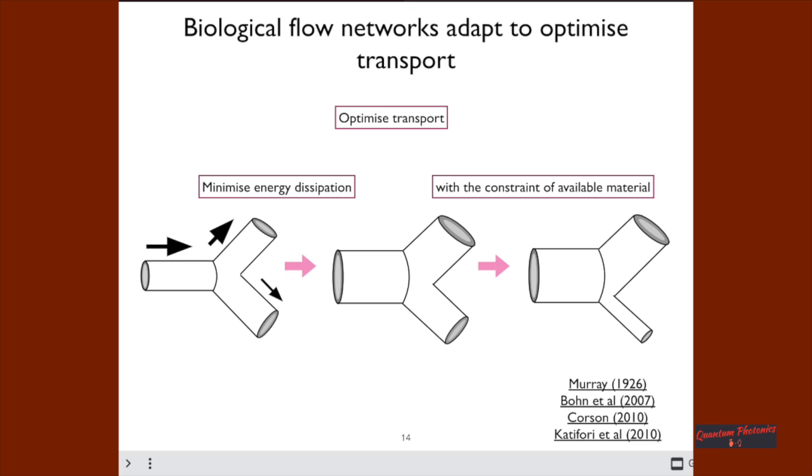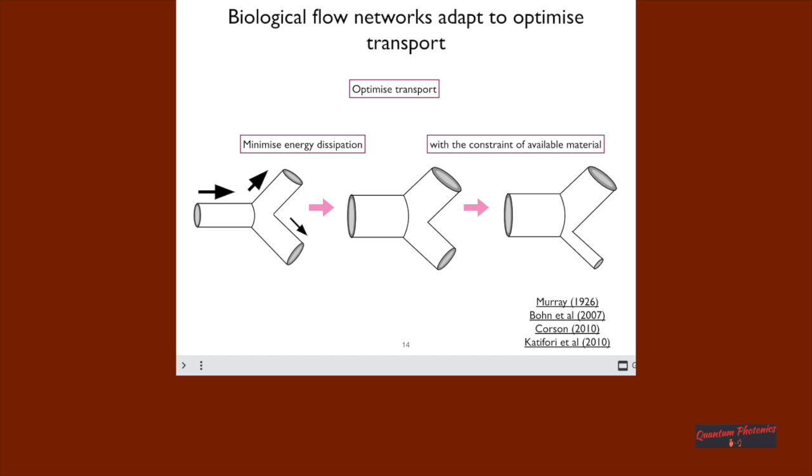And this is what our adaptation rule that I just showed in slide 13 incorporates: the maximization of transport by changing the conductances of the tubes, by changing the radii of the tubes according to flow, and maintaining the amount of material simultaneously.